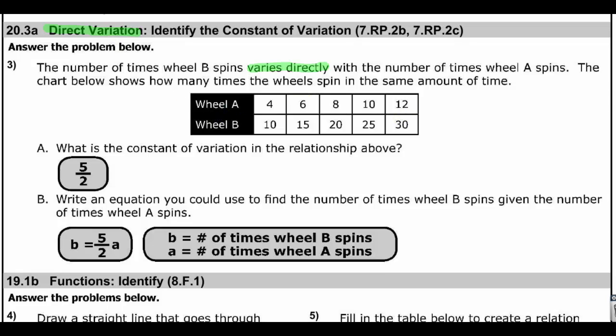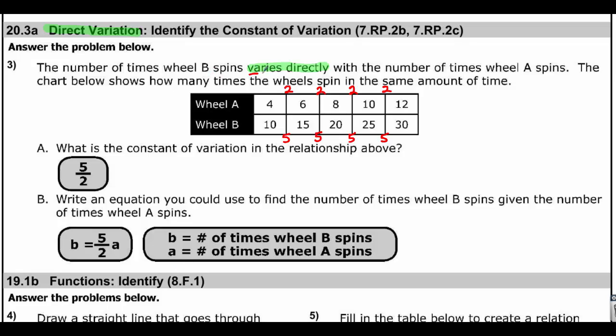Here's what we know. This has a variation of every change in 2 here gives us a change in 5. Change this by 2, get a change of 5.